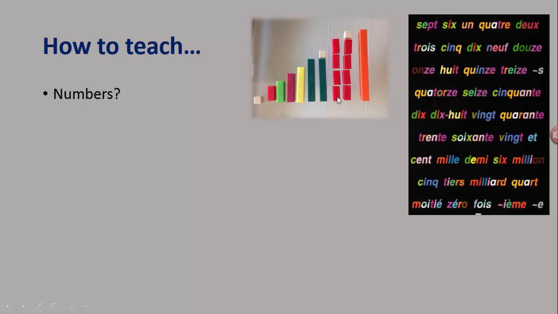In French, it is said 4 times 20. So we have the 20 in this color, and we put it 4 times. So you can guess what's the next number in French. It's 90, which is said 4 times 20 plus 10. So it's an interesting way to remember the system.